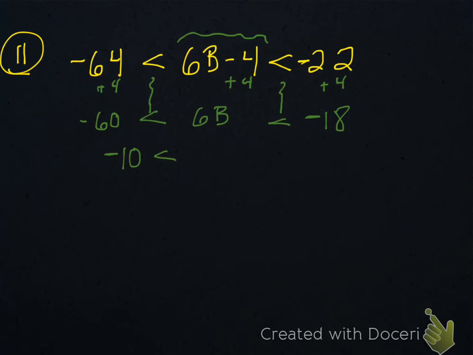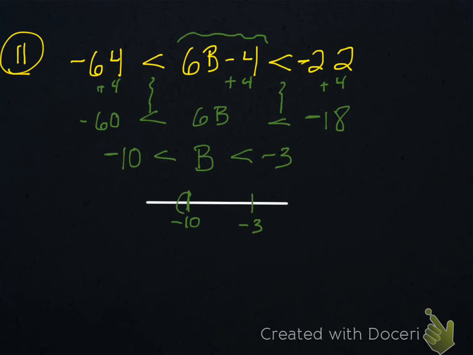That gives me a negative 10. In the middle, I have just a b. Divide by 6, and I get negative 3. Now we're ready to do our number line. The cool part is, with these type of problems, the numbers are already in order. So I have my negative 10 on the left and my negative 3 on the right. Do they have equals?